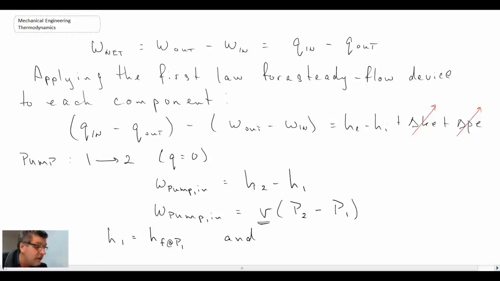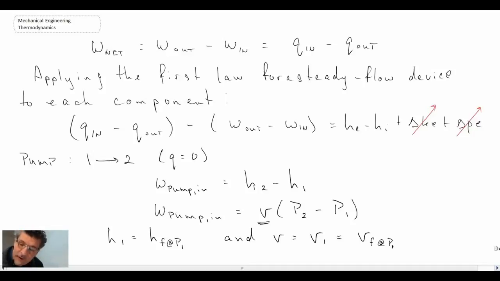The convention that we will use is that the specific volume will also be at state 1, which would then be the specific volume for a saturated liquid at pressure 1, P1. That would be the pressure going into the pump, and you determine your specific volume there. You usually know the pressure differential, and from that you can determine the work that you're putting into the pump.